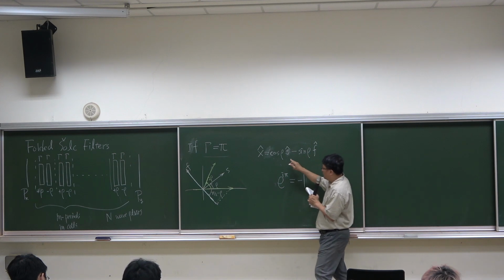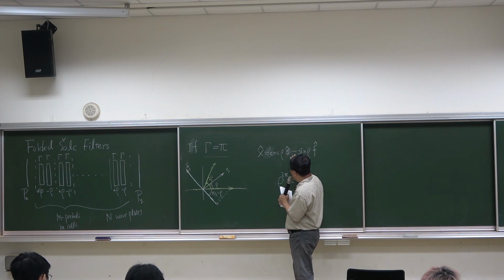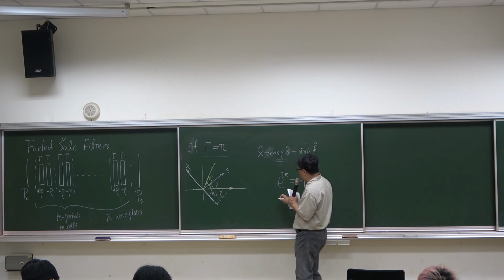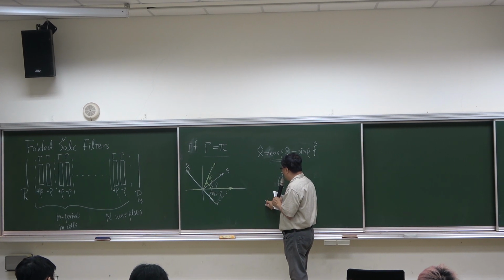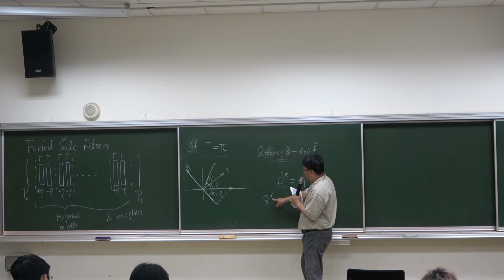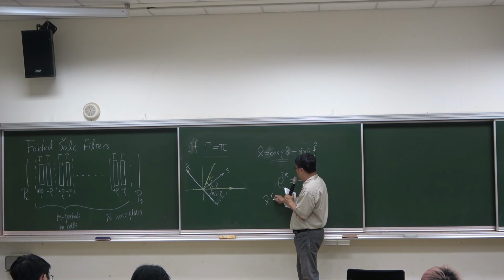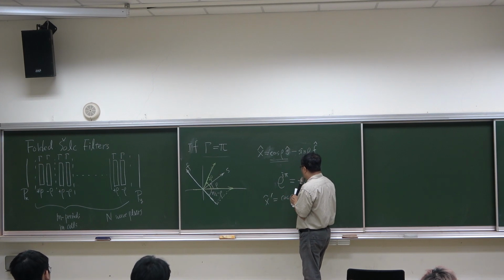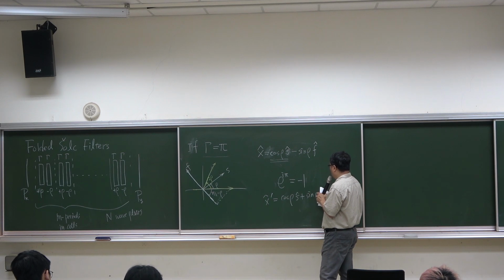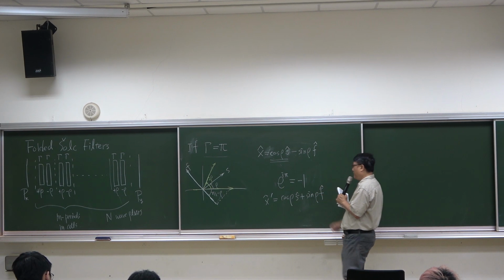This means that we keep the first component unaltered and change the sign of the second component. We get the new polarization, which I denote as x prime, equal to cosine rho times s plus sine rho times f.